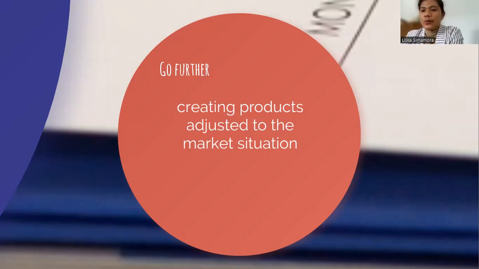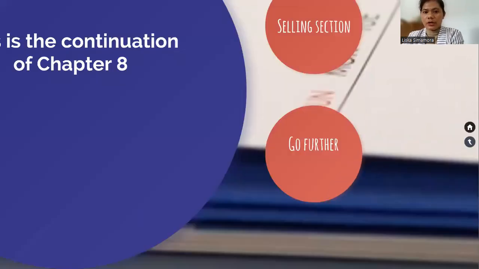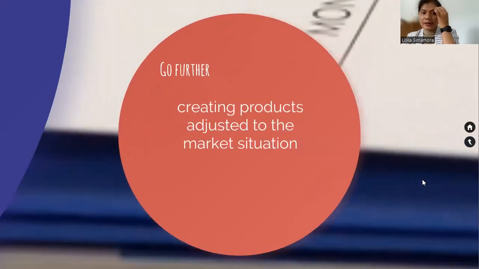And now we have to create a product adjusted to the market situation. Of course, this market situation is identified through the problem revealed when you sell your product to your customer.